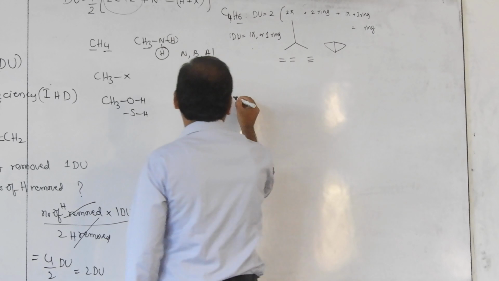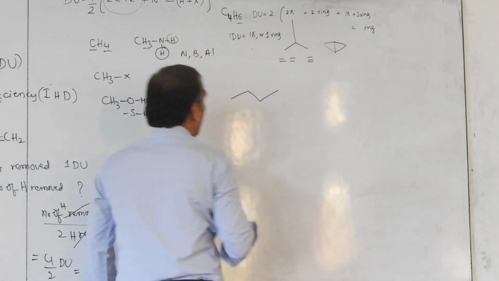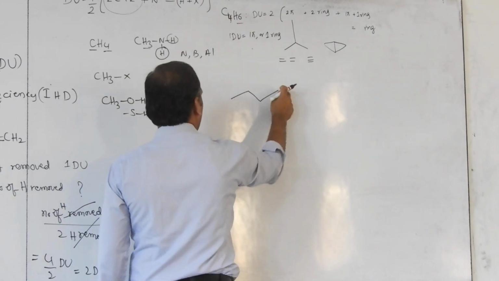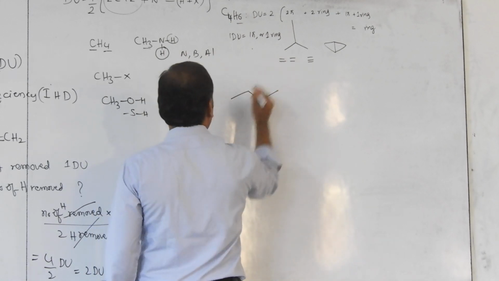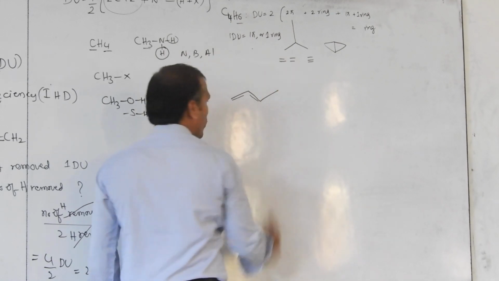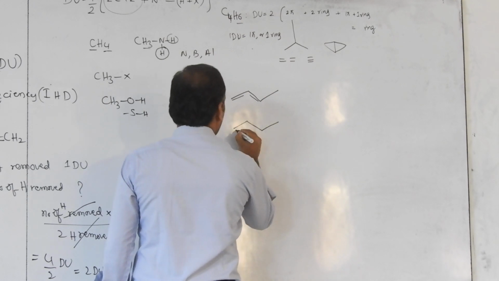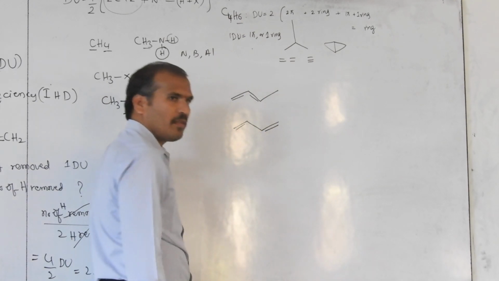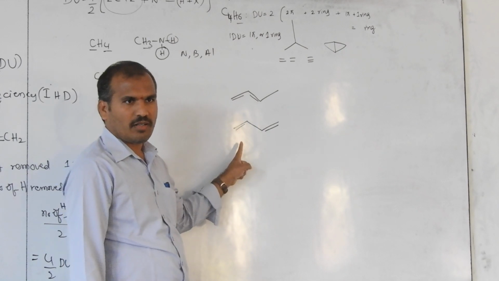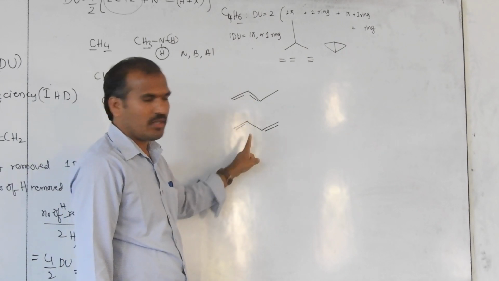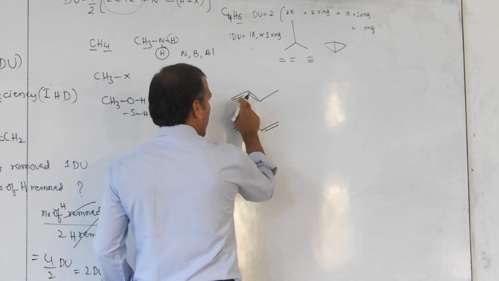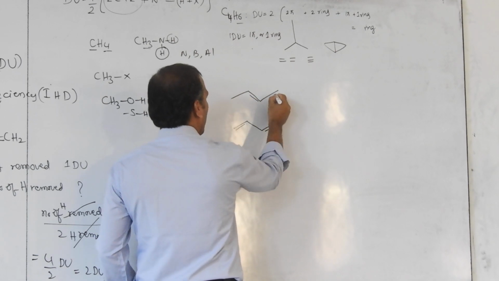Total how many carbons are there? 4 carbons: 1, 2, 3, 4. With respect to this, 1 double bond, second double bond. What is the other possibility? Double bond here, double bond here. Is the possibility there or not? You can't write a double bond here and here. If you remove here and here, both are the same.